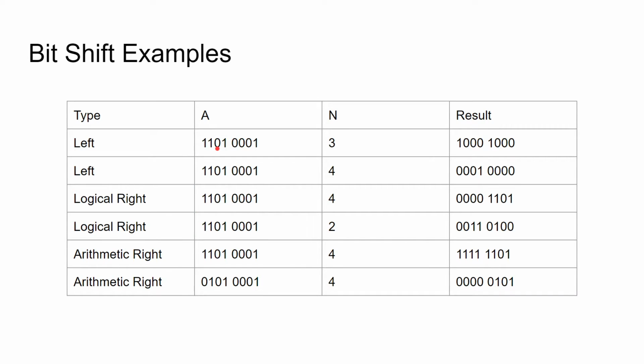Since there's no space to fit these 3 bits, they get discarded, because if you move them to the left by 3, where are they going to go? They don't have anywhere to go, so they get thrown away. So our new most significant bit is going to become this bit right here. So we're going to have 1, 0, 0, 0, 1, but we're going to have 3 blank spots left over. So then we bring in 3 zeros to fill in that spot.